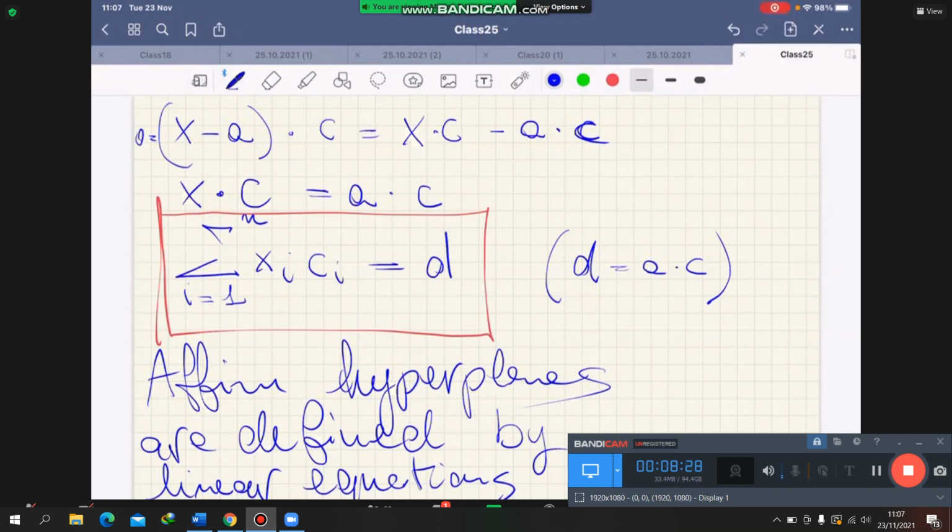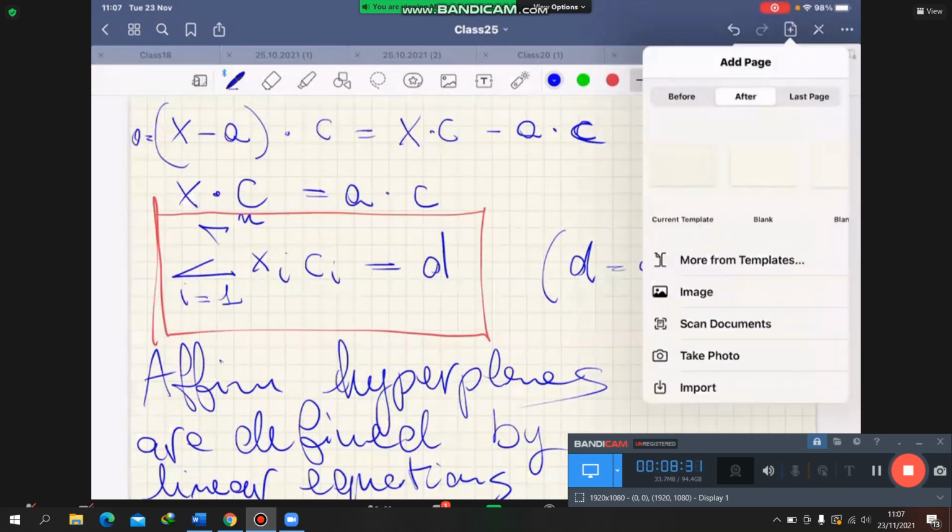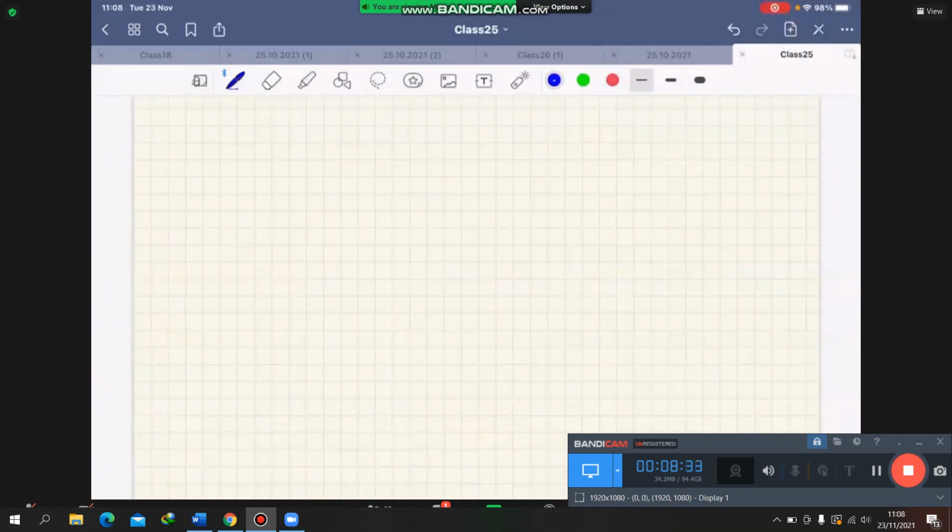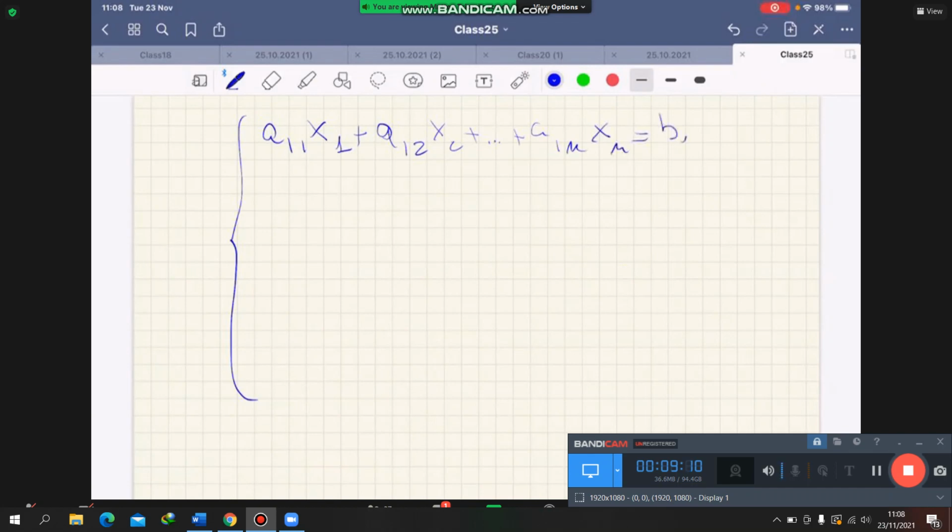And this is where I wanted to arrive, because my original system from which I started is what? a11 x1 plus a12 x2 plus a1n xn equal b1.